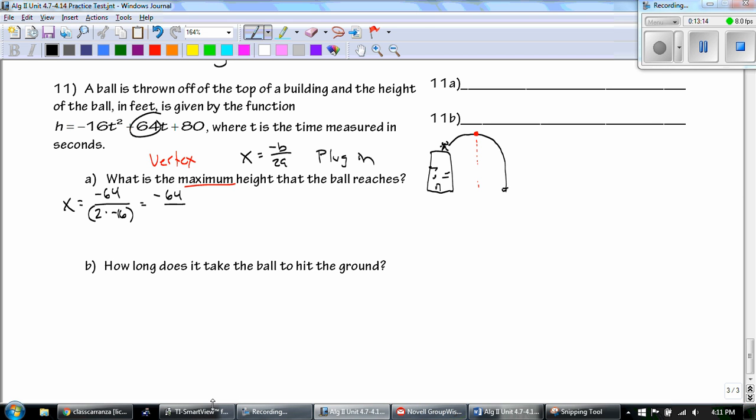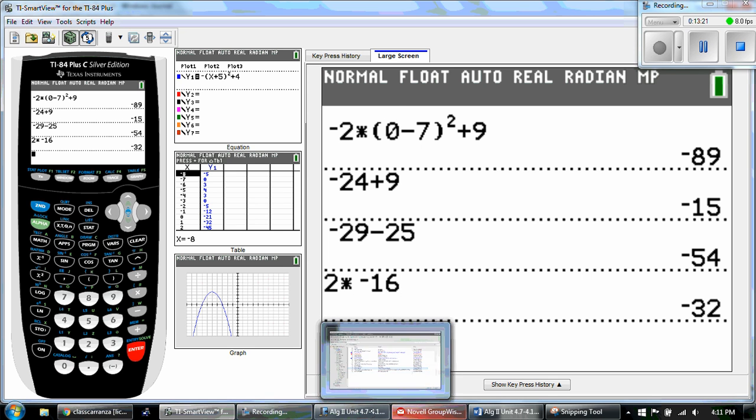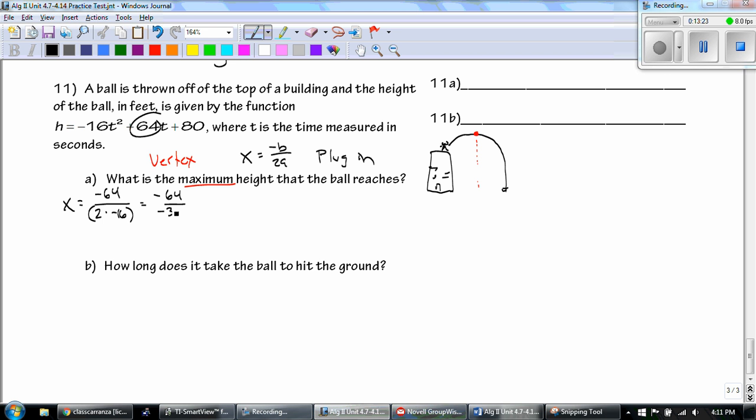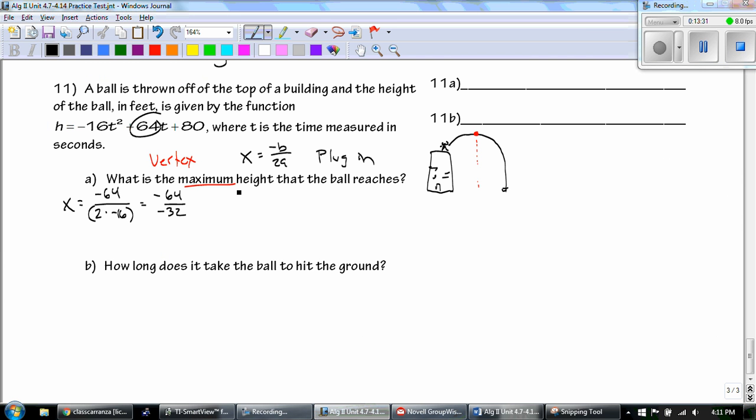Well, -64, and if you don't know 2 times -16, you're using your calculator to get -32. And then I have -64 divided by -32 to get +2. So this is actually the time, so 2 seconds. But that's not what they want. They want to know the height.